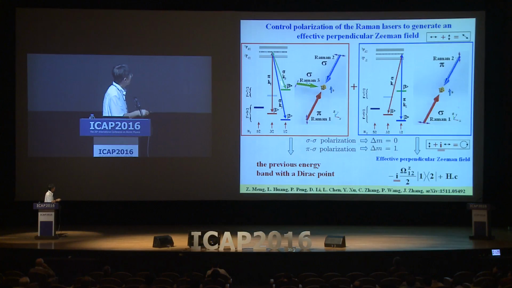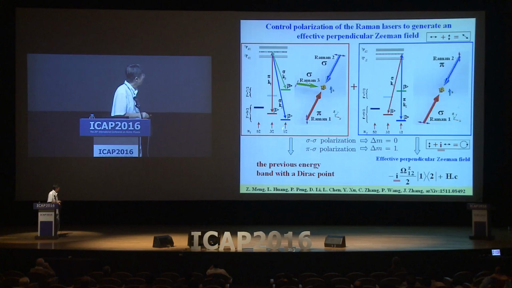These 3 Raman lasers couple the 3 ground states, same as the previous schemes. Here, we must know the polarization. Raman laser 1 is vertical, laser 2 is horizontal.